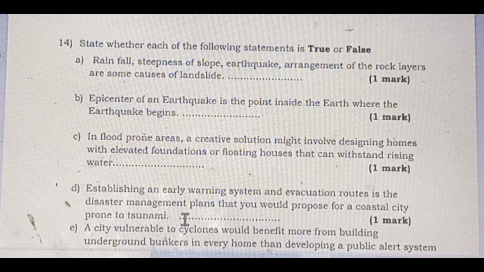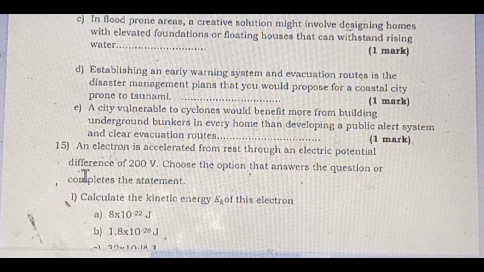The correct answer is true. E. A city vulnerable to cyclones would benefit more from building underground bunkers in every home than developing a public alert system and clear evacuation routes. The correct answer is false.